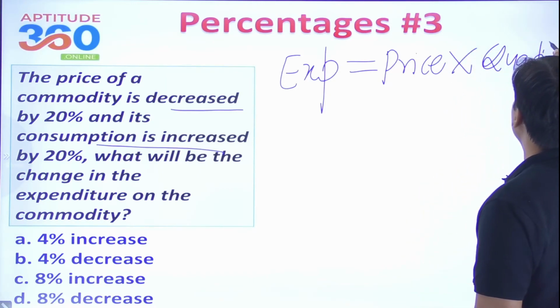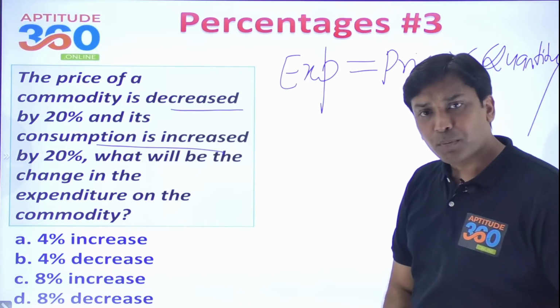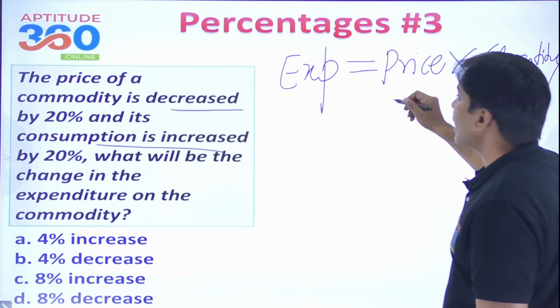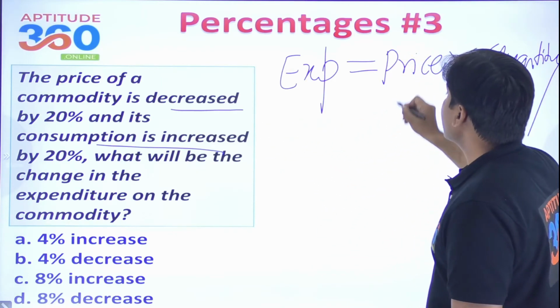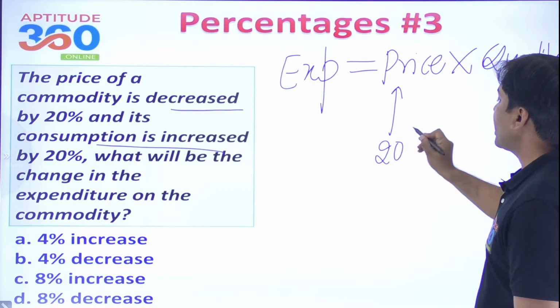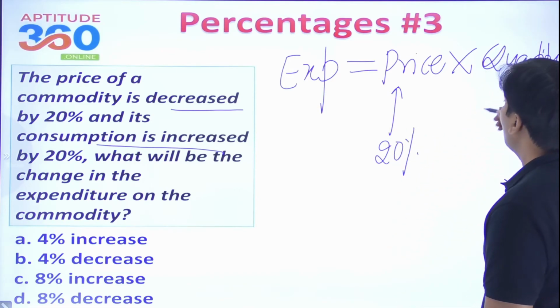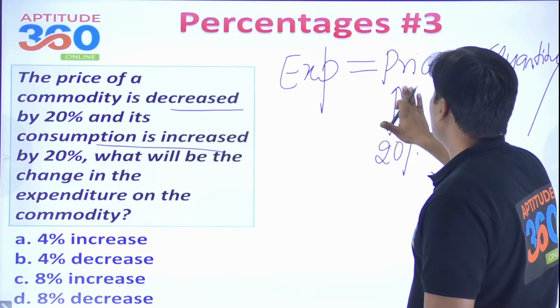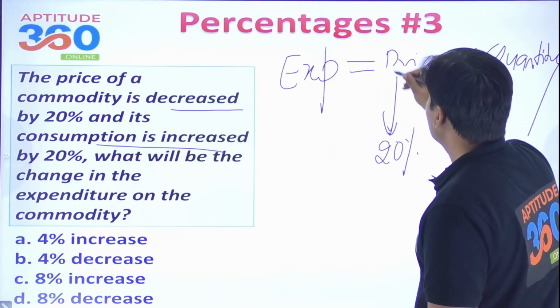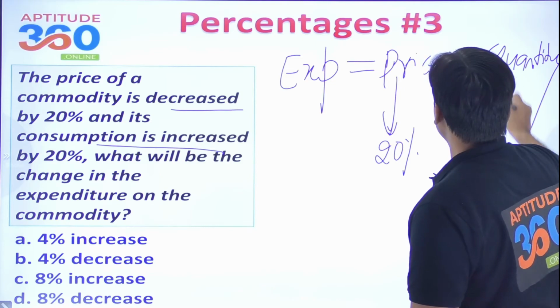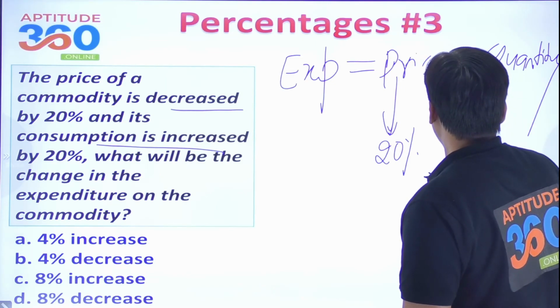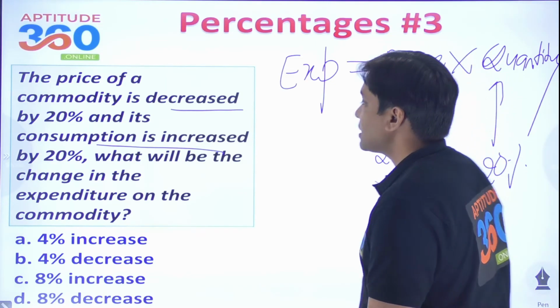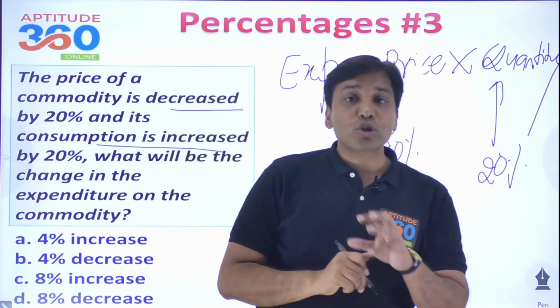Price into quantity है ना सिंपल प्रॉब्लम. ये देख लो ना. अभी वो क्या कह रहा है कि price is decreasing by 20%, whereas consumption is increasing by 20%. So what is going to be the net change?